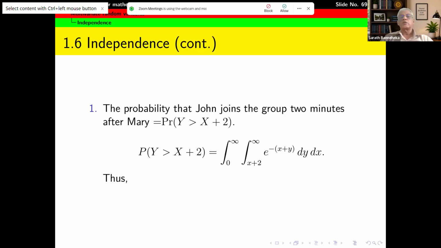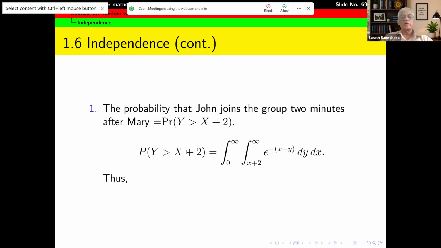So then you have to integrate the joint density over the region satisfying Y greater than X plus 2, or you can say the same thing, Y minus X greater than 2. Right. So you have to integrate with respect to Y and X. So if you are integrating with respect to Y, you have to put the limit for Y. Right.